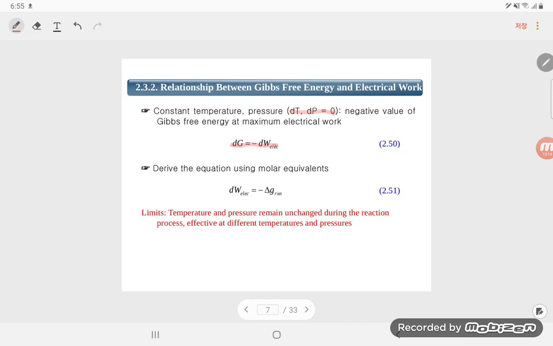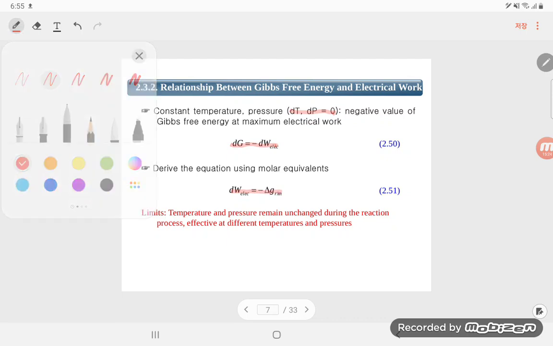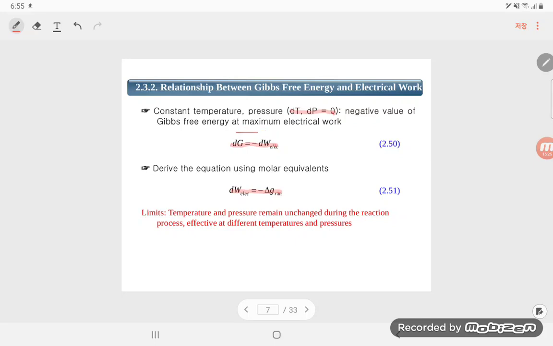And if we derive the equation using molar equivalence, we can express it like this. The sign of each term is reversed, right? If we have dG as plus, the sign of the electrical work is minus, and if dG is minus, then the electrical work has the plus sign, right? That is a very important factor.